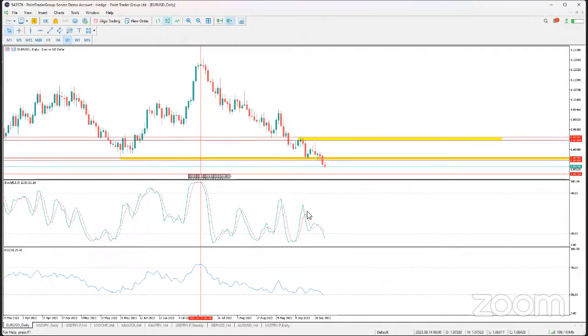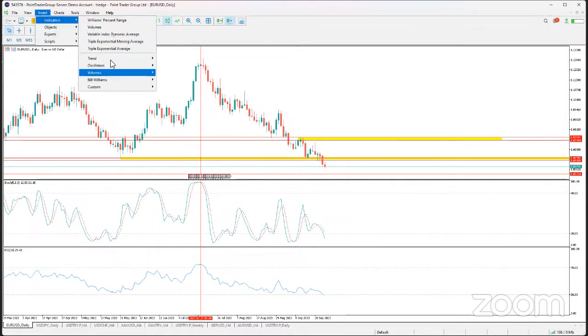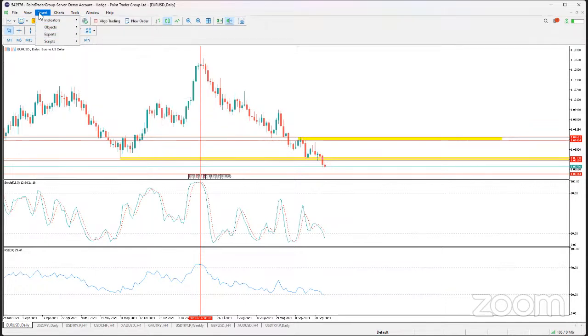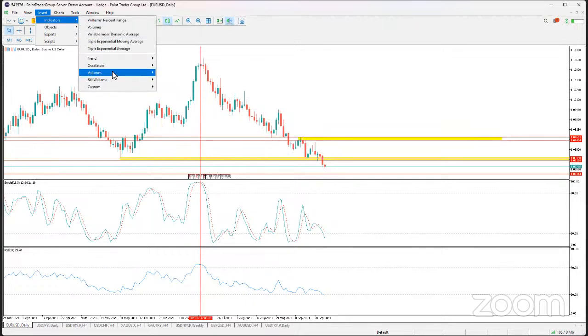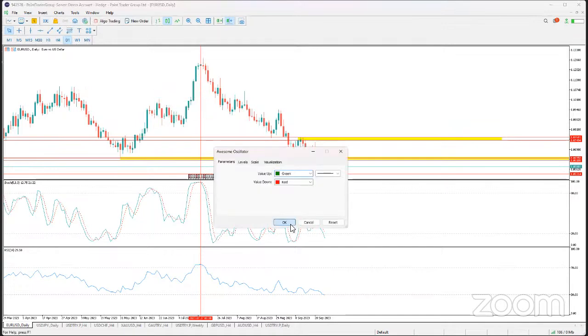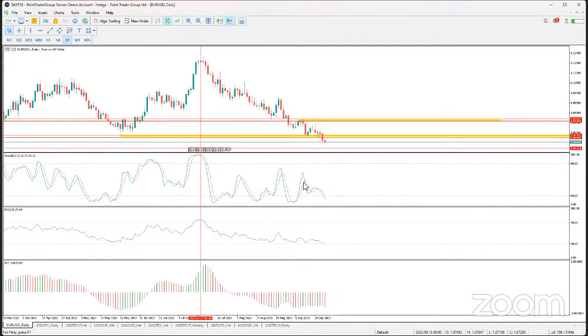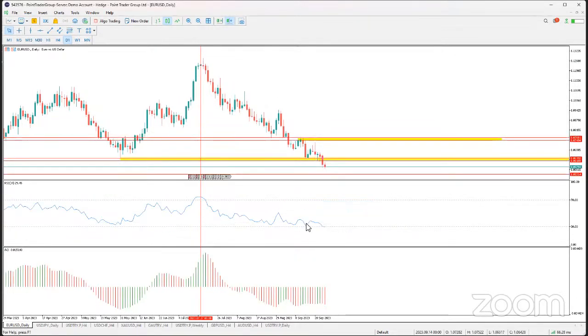You can use either the stochastic oscillator or RSI or something called the awesome oscillator. You're gonna find it here: insert, indicators, Bill Williams Awesome Oscillator. When I have this indicator on the chart, I just remove these ones. I don't need them.